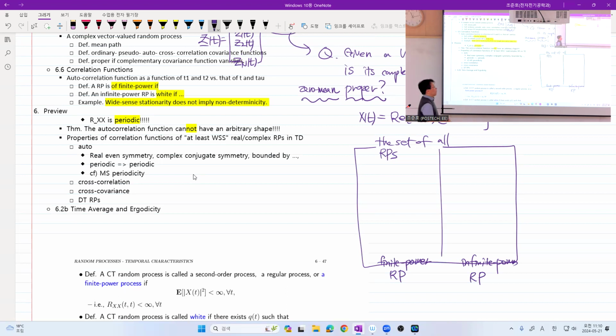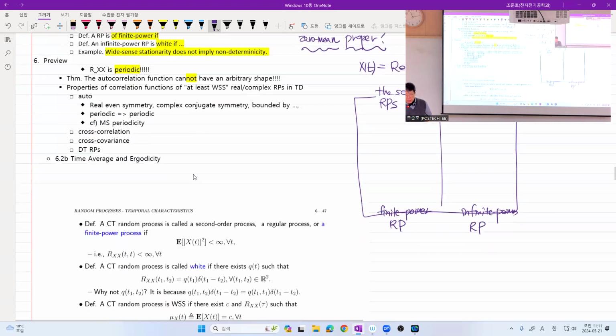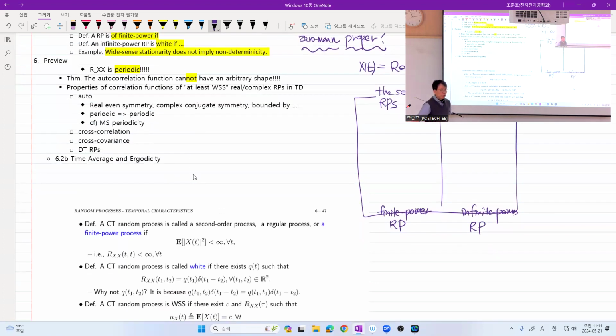By the way, what is the definition of the finite power random process? If a signal is deterministic, in order to calculate the power of a deterministic signal, what you need to do is that you take the absolute value and square. That gives you the instantaneous power. Sometimes you talk about that, or sometimes you take the time average and divide by the period of time.